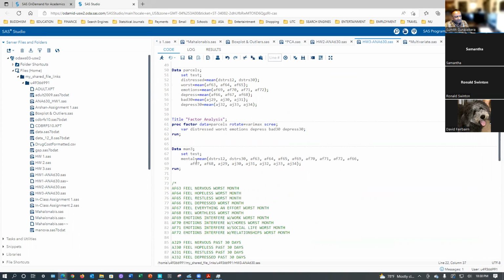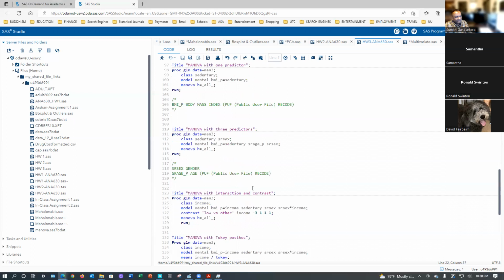See, mental situation, and that one I'm going to utilize as one of the variables. Another variable is the BMI, and I can look into 3 predictors. If you want, not one predictor, 3 predictors you can tackle at the same time.